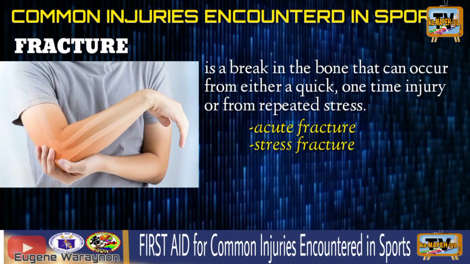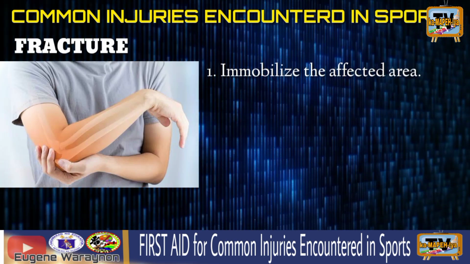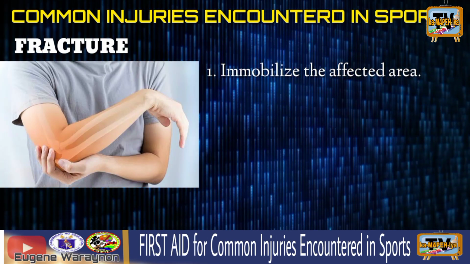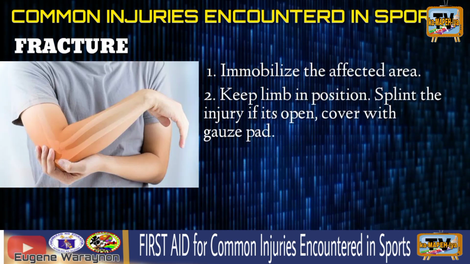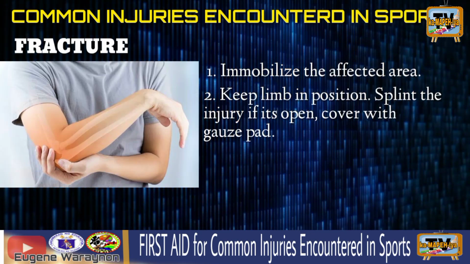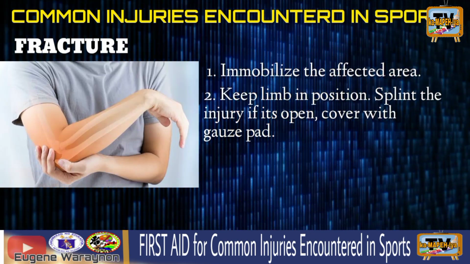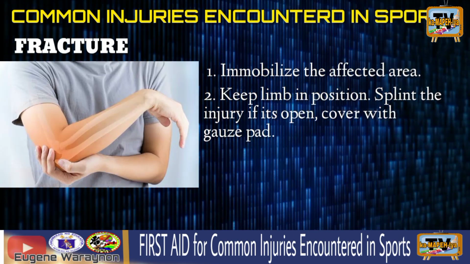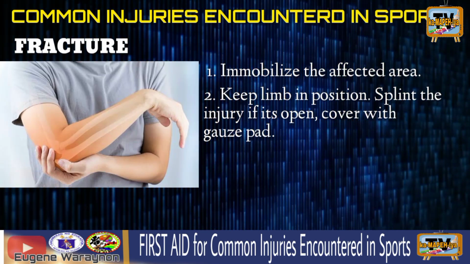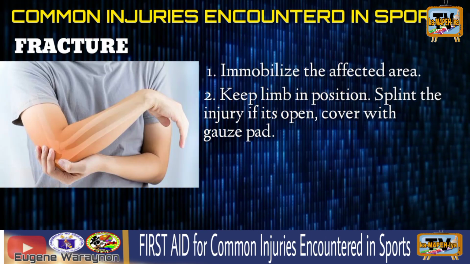How to treat fracture: first, immobilize the affected area. Next, keep the limb in the position you found it and place soft padding around the broken bones. Splint the injury with something rigid, such as rolled up newspaper or magazines, to prevent the bones from shifting.